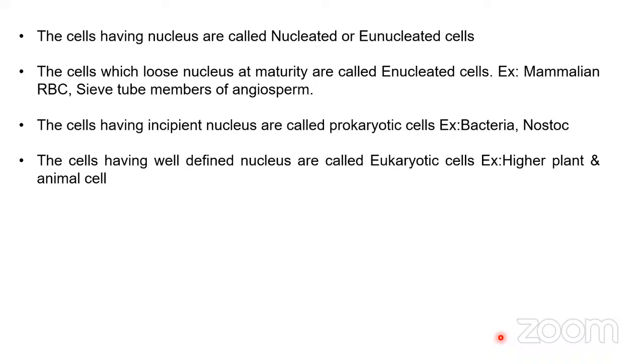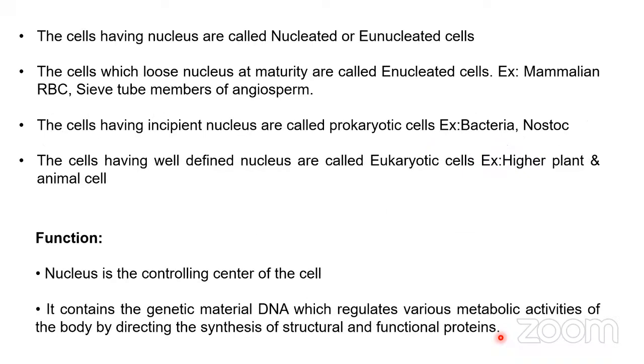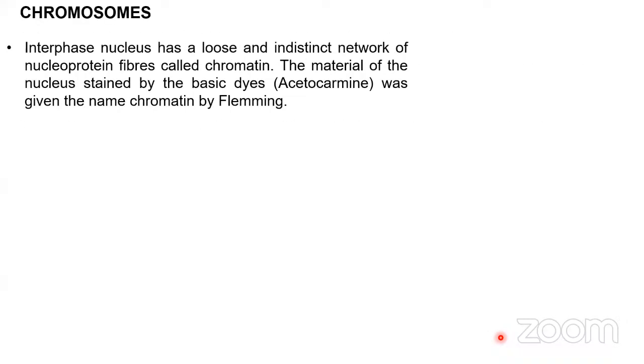So this was about the nucleus, as we studied chromatin. To understand chromatin further, we should know what chromosomes are. As I mentioned, during different phases of the cell cycle, chromosomes may be present loosely or in the bound form.